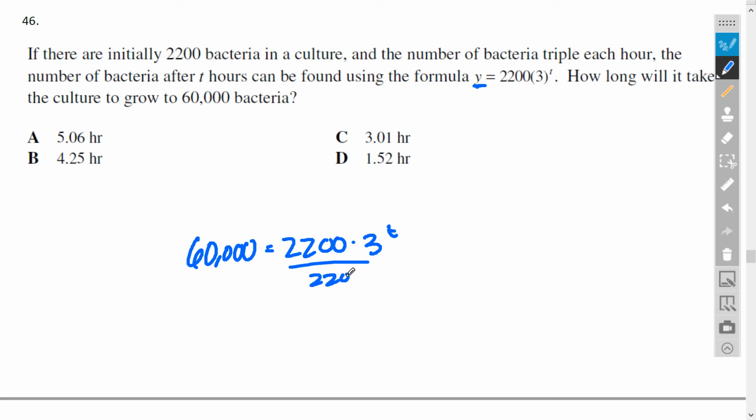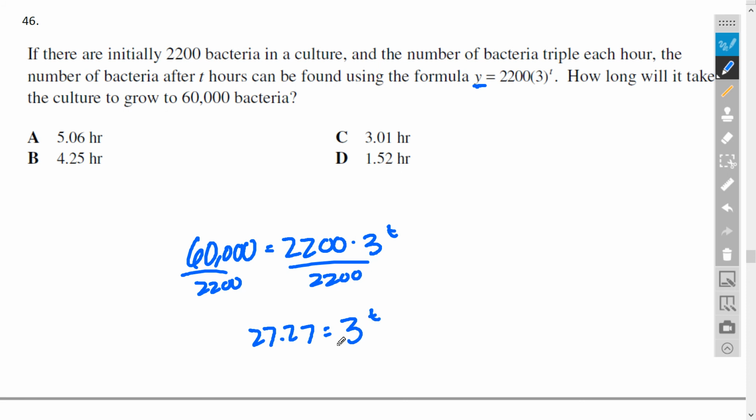So we need to get the exponent part by itself. So I'll divide by 2,200. So 60,000 divided by 2,200 is 27.27 repeating, so I'll just round it off there. It's 3 to the t.